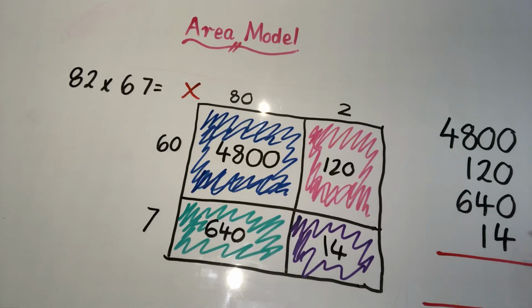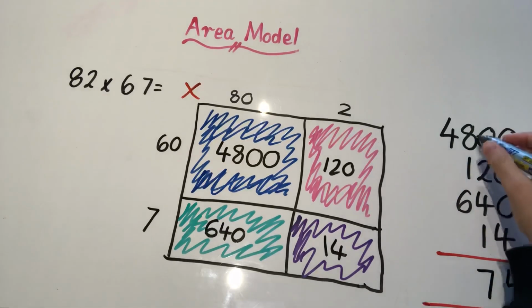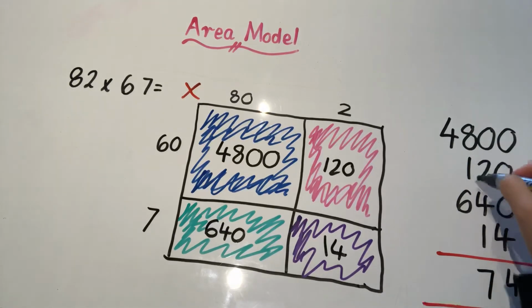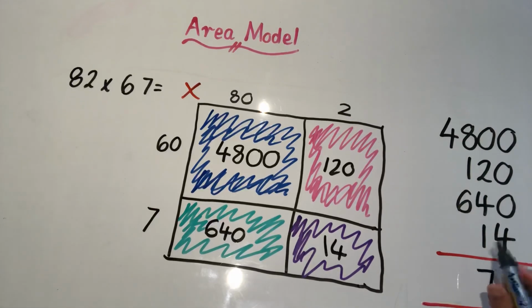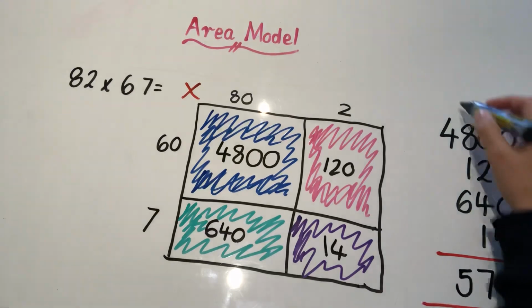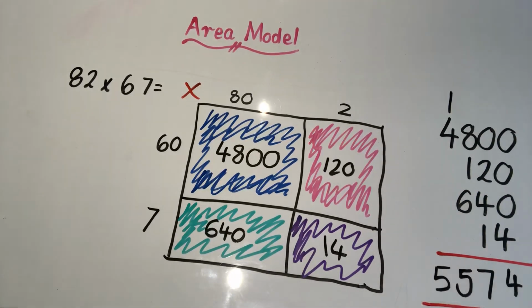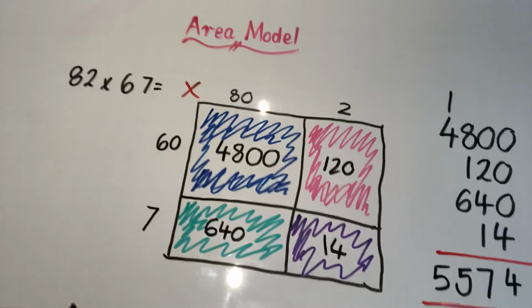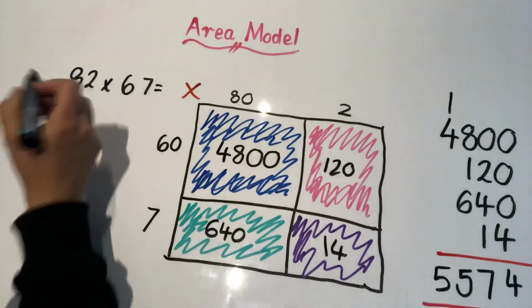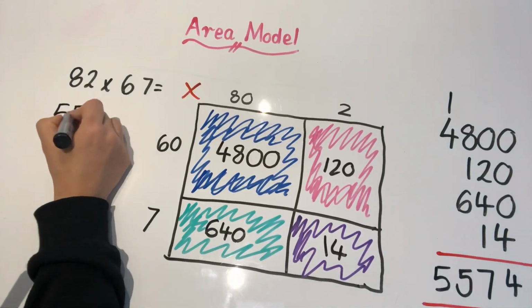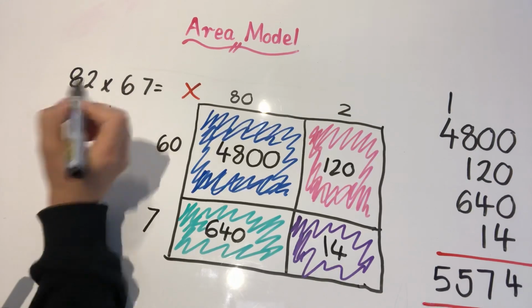Adding our ones, 4, 2, 4 and 1 is 7. Our hundreds column, 8 and 1 is 9, plus 6 is 15. We rename it to 500s and 1000s and add our thousands column, which is 5. So our product of 82 multiplied by 67 is 5,574.